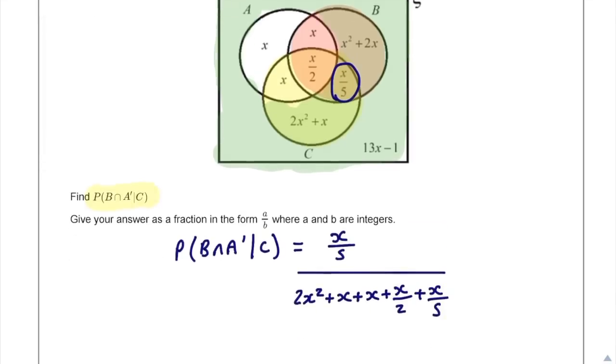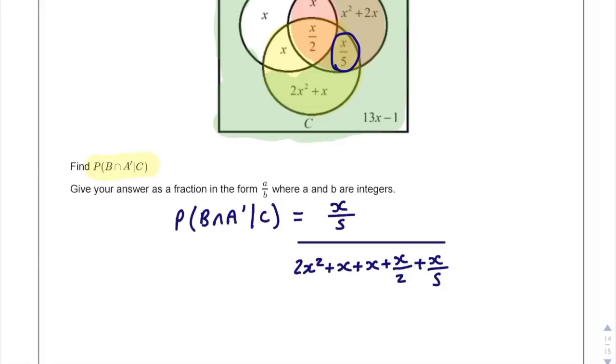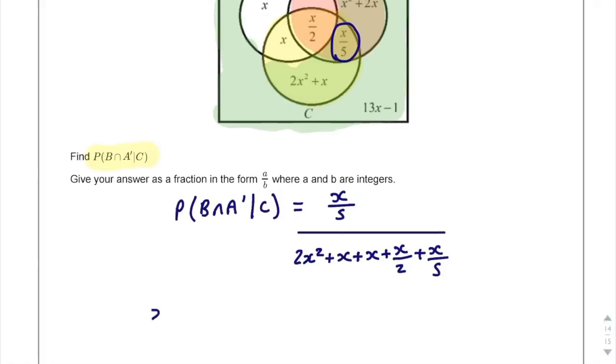So we're going to add all of the values that we can see and make it equal to 1. So we're going to have x, and I'm going to tick them off as I go. So we've got x there plus x here. Got another x here, so plus x there. And we've got x over 2 here, so plus x over 2. We've got plus x squared plus 2x.